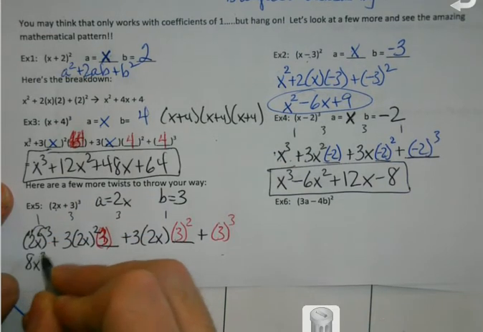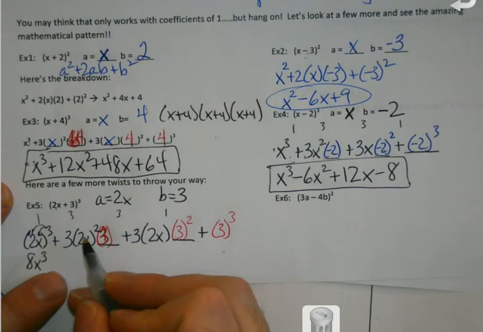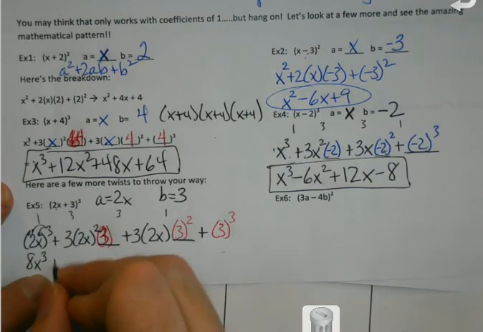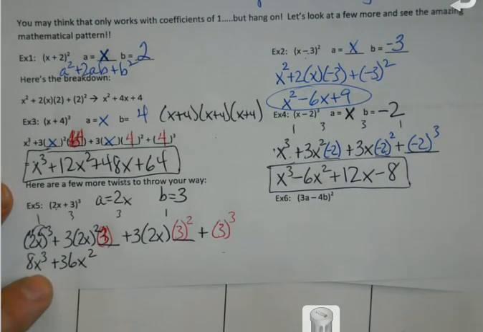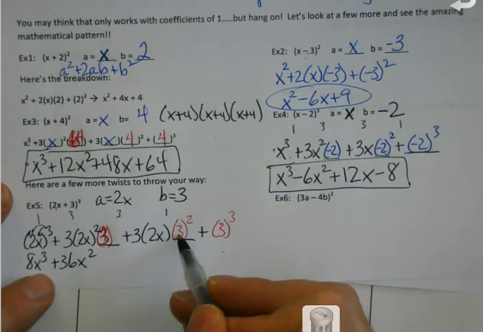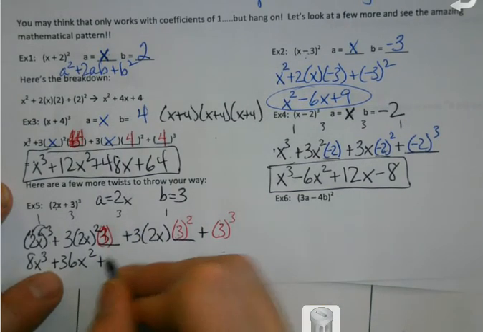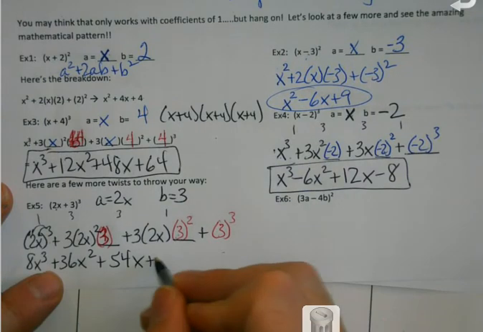So I'd have 8x to the third. 2 squared is 4. So here I've got 3 times 4 is 12, times 3 would be 36x squared. 3 squared is 9, times 2 is 18, times 3 is 54x, and 3 cubed is 27.